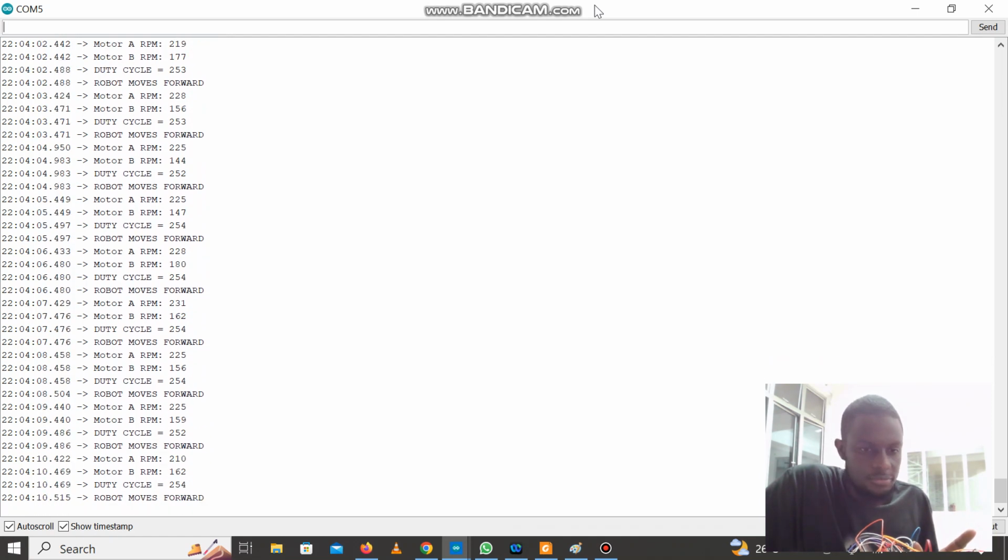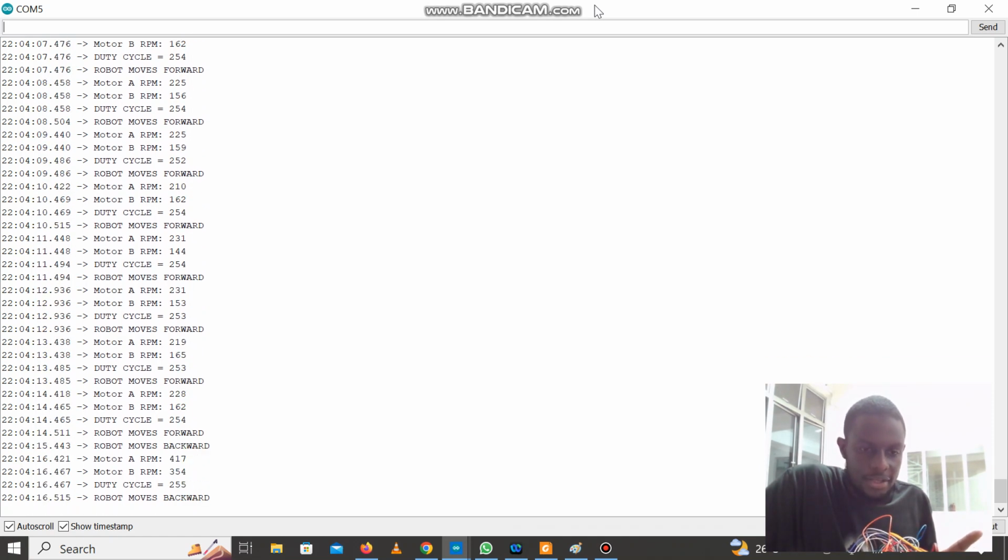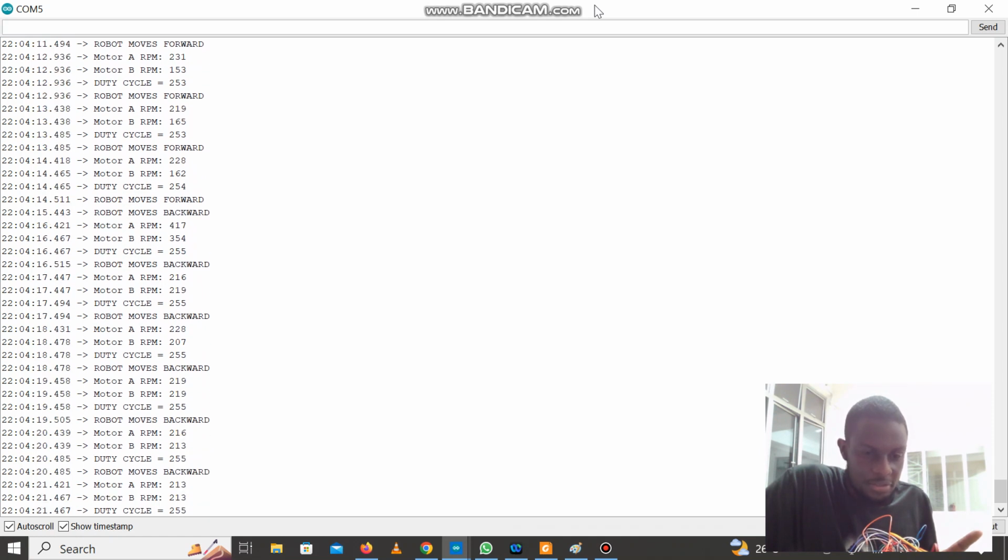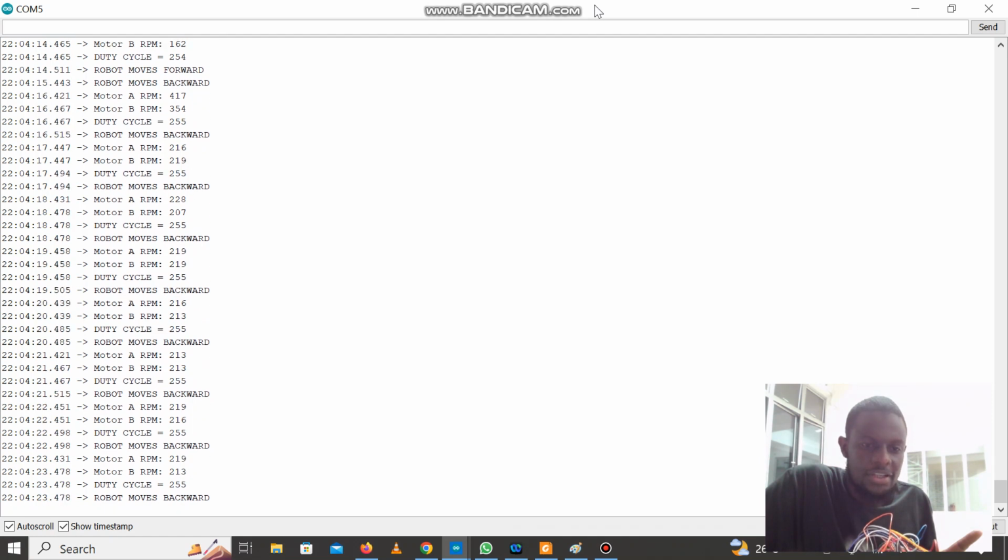We observed that for the forward movement there is a large error, but for the backward movement the error is really small. We're having repeated numbers like 13, 13, 19, 19.